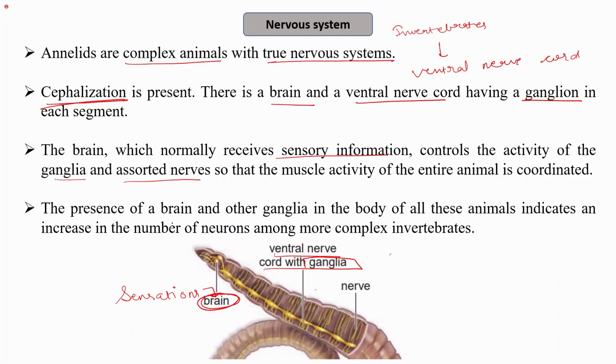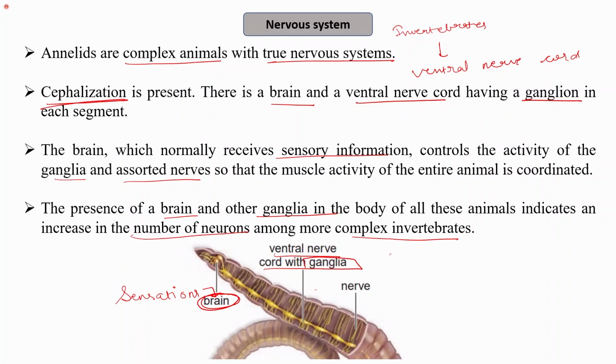The presence of a brain and other ganglia in the body of animals like annelids indicates an increase in the number of neurons among more complex invertebrates. As we are moving from poriferans to annelids, we are moving towards the more complex invertebrates.